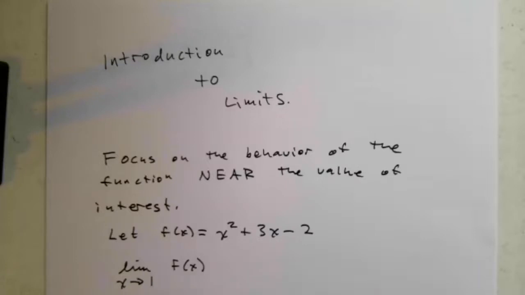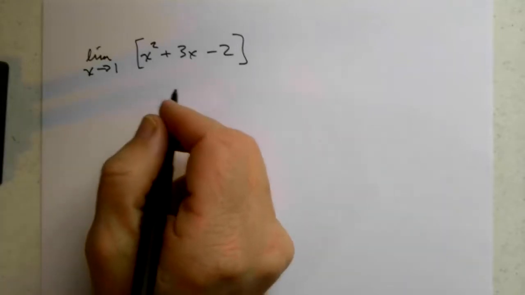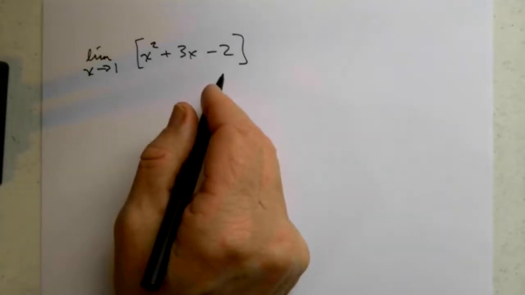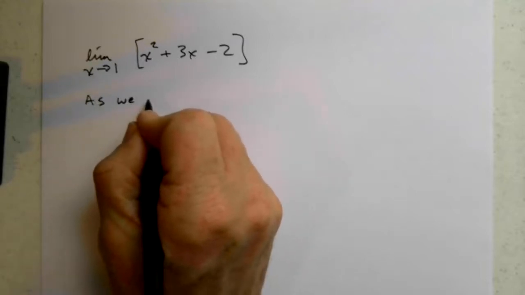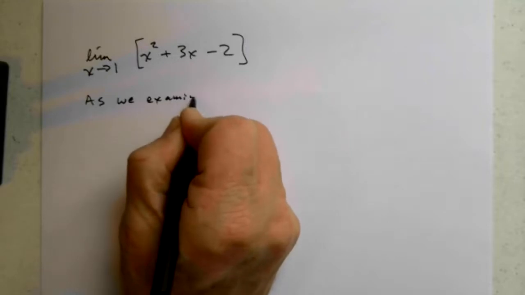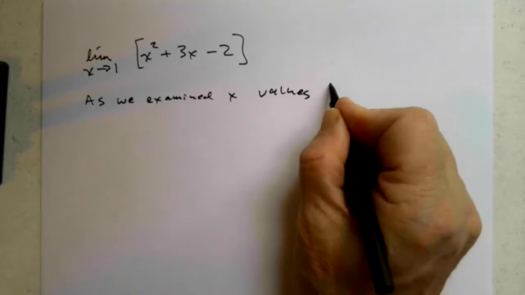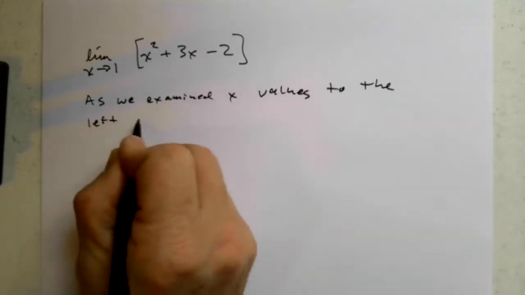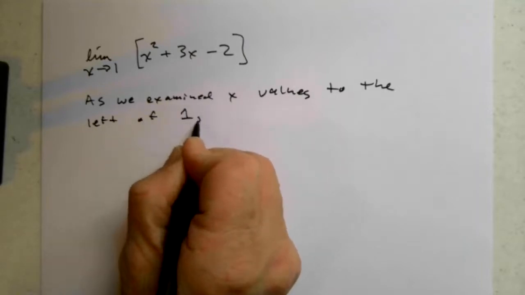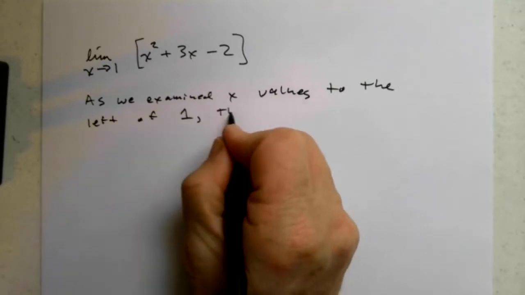Well, this was our question. As we approached from the left, as we examined x values to the left of 1, the values of the function seemed to be getting closer and closer to 2.